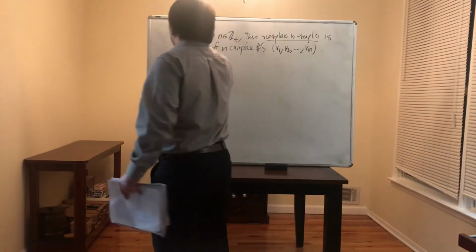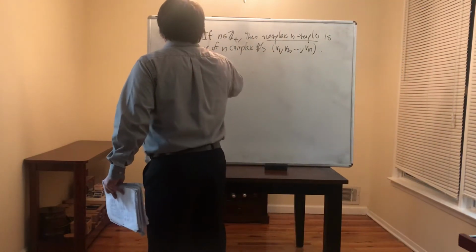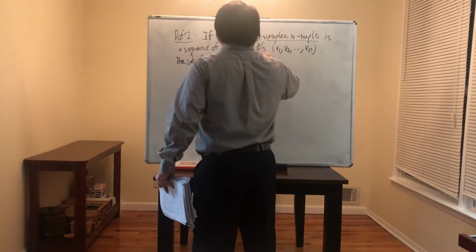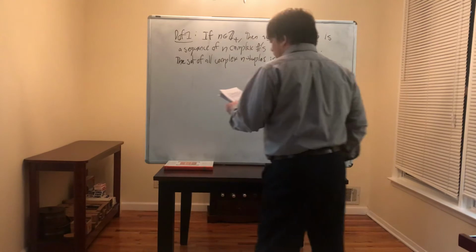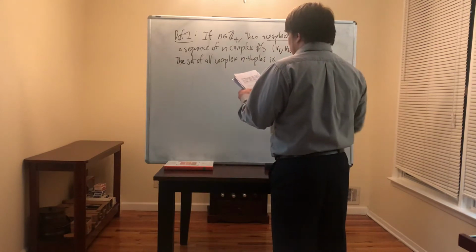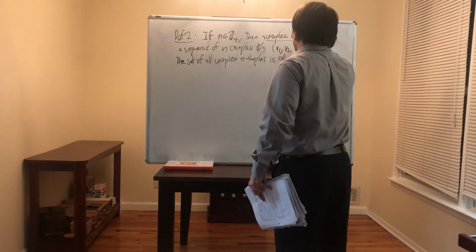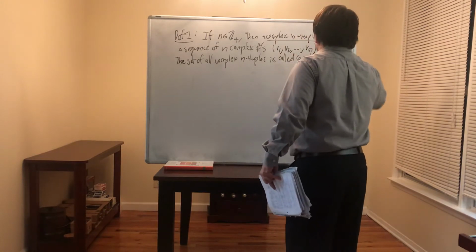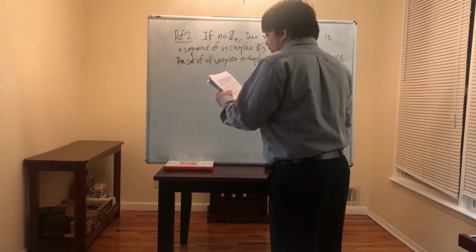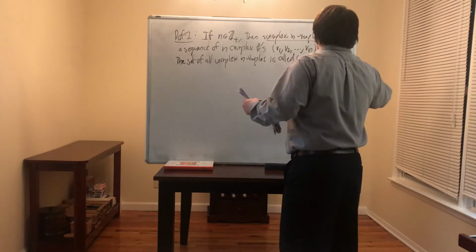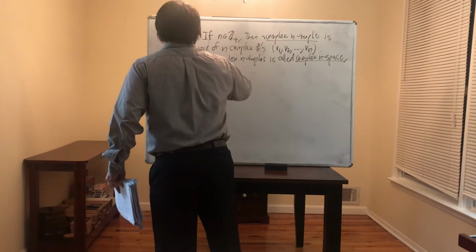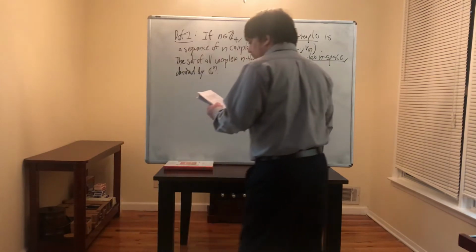The set of all complex n-tuples is called complex n-space, and it's denoted by C to the n.